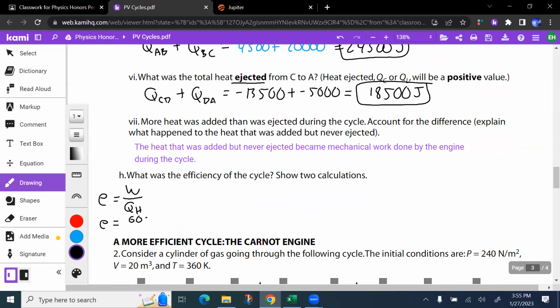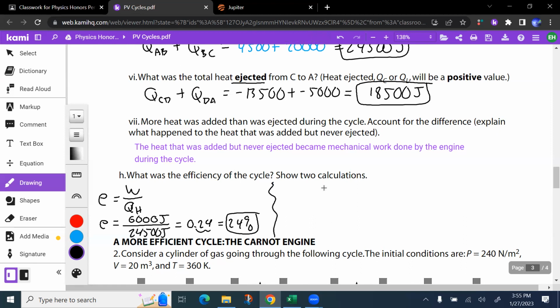We have 6,000 joules of work total done, and the net heat coming in, the QH, is the heat coming in, and that was 24,500 joules. So go ahead and divide those two, and we get 0.24. But we always have to write efficiencies as a percentage. So we have to move that over twice. And we can see that this engine is 24% efficient, which means it's 76% inefficient. It's losing 76% of heat to the environment.